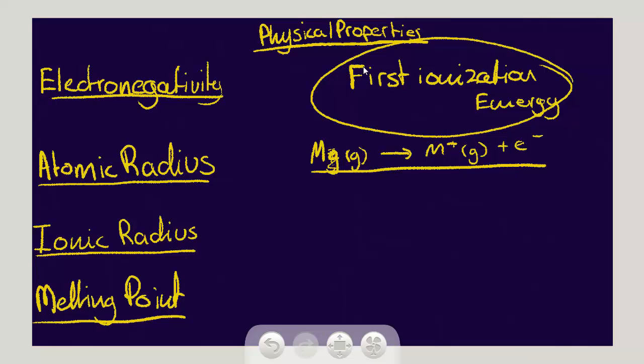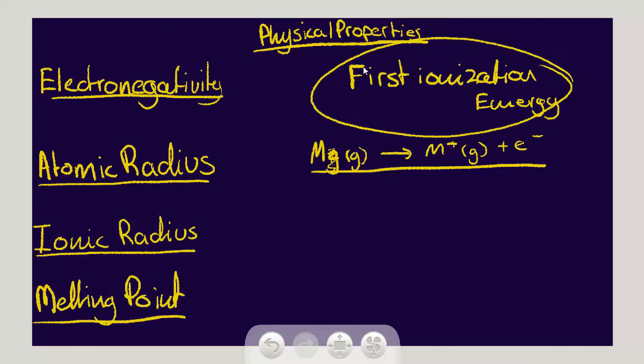And with more electrons, there's a greater width between the electrons and the centrally positively charged nucleus, due to repulsion forces, also known as shielding.